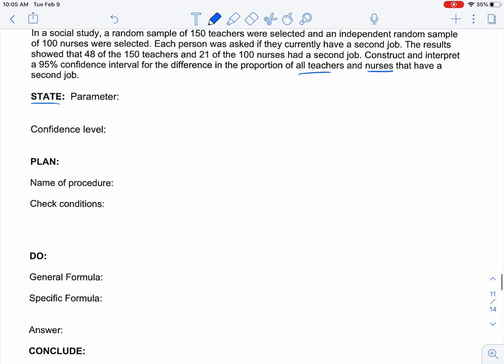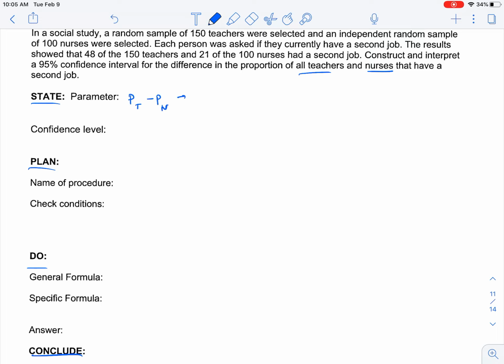So, in this particular state, plan, do, conclude, notice I have state, plan, do, and conclude. I've laid out some additional cues for you to know what to do. And so let's go ahead and step through this example and talk about what are we actually doing in each of these steps. So first, what is our parameter?